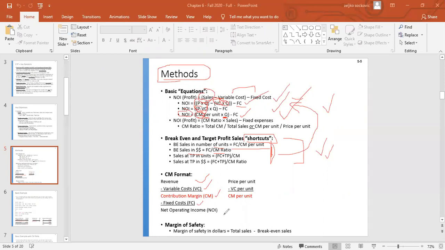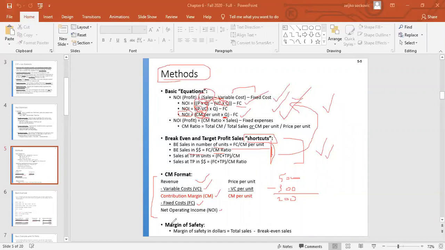Then comes fixed cost, then you have profit. So now, if you know that revenue is 500, and if you know that 300 are variable costs, well, what's your contribution margin? Your contribution margin is 200, right? 500 minus 300.